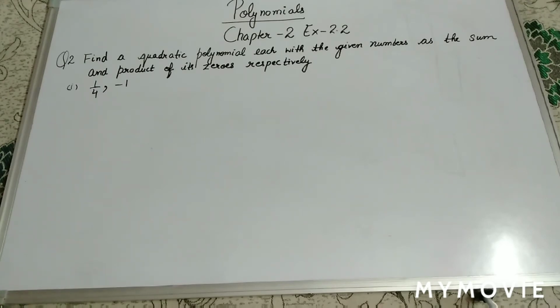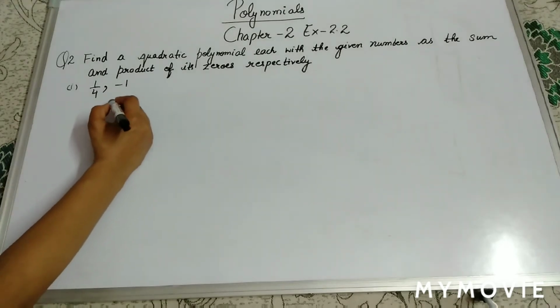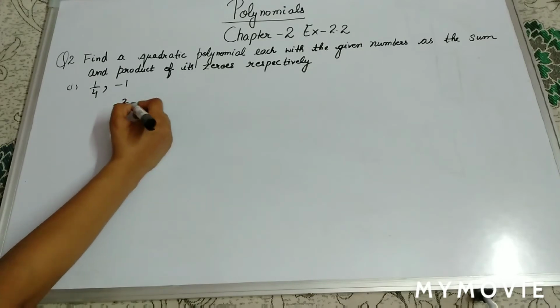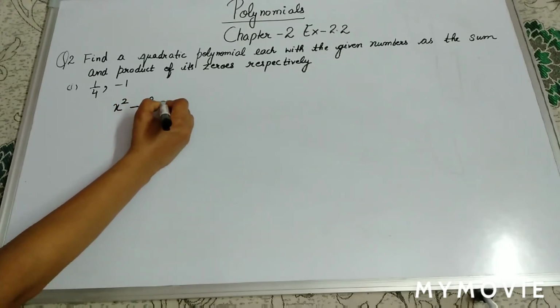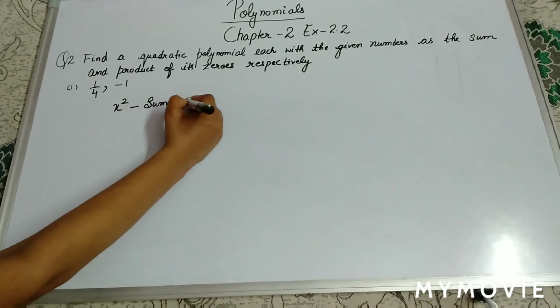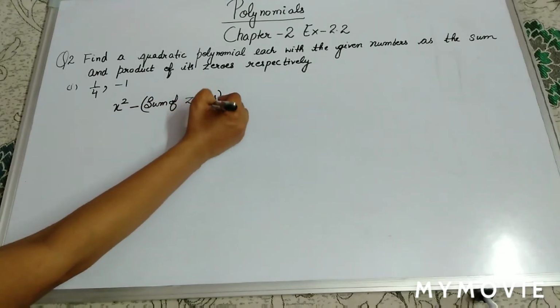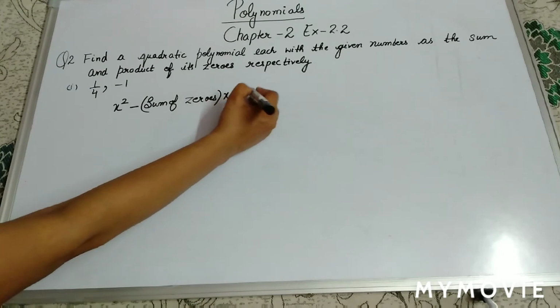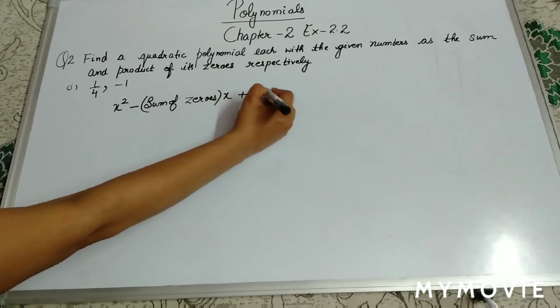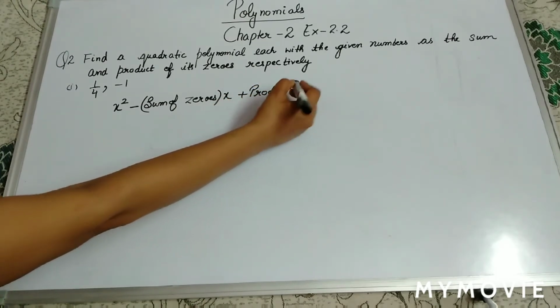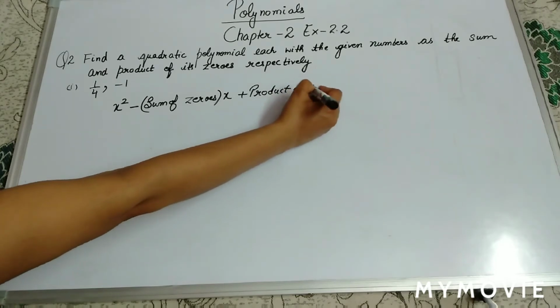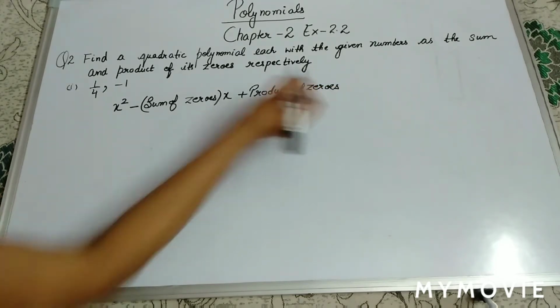We have a formula for a quadratic polynomial, that is x square minus (sum of zeros) into x plus product of zeros.